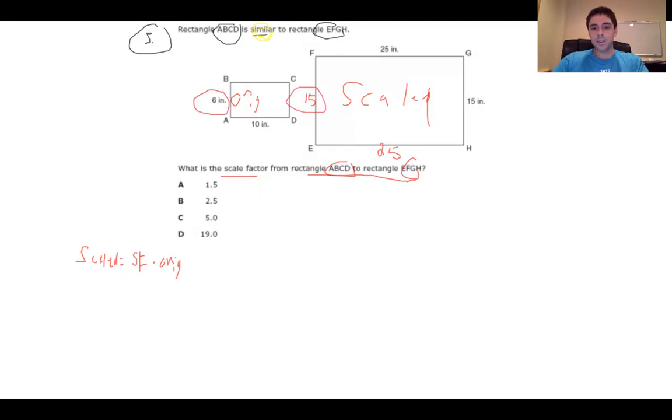Plug in the values for scaled and original. I'm going to be writing out our equation.